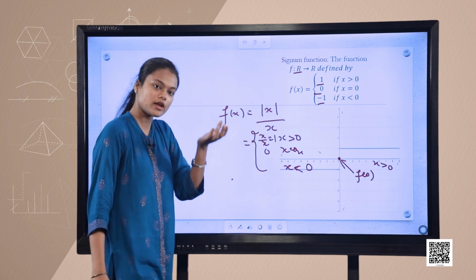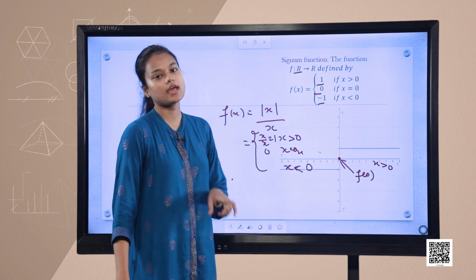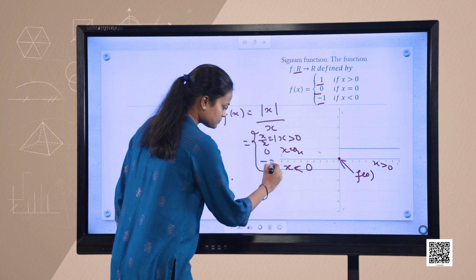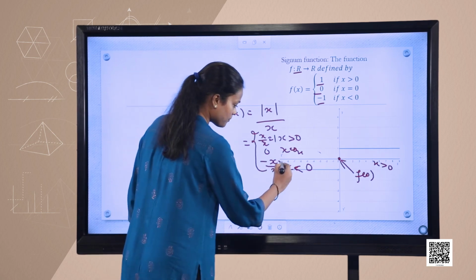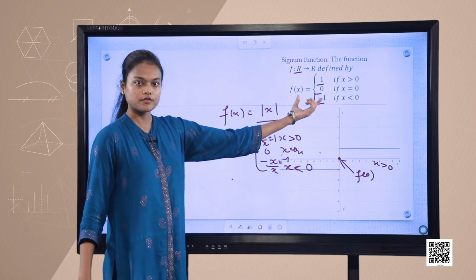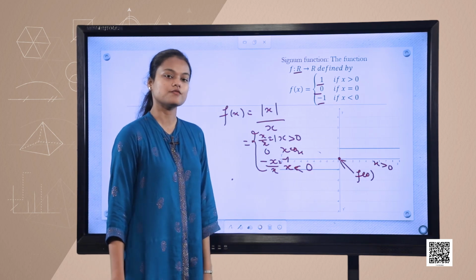Negative x. That means whenever x is taking negative values, the negative of x divided by x gives you -1. This is how we are given this function, and this function is known as the signum function.